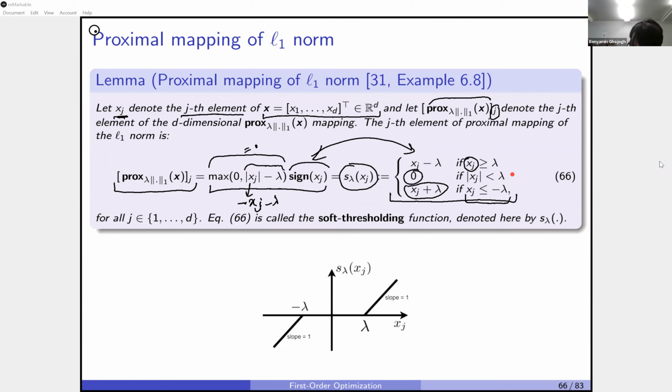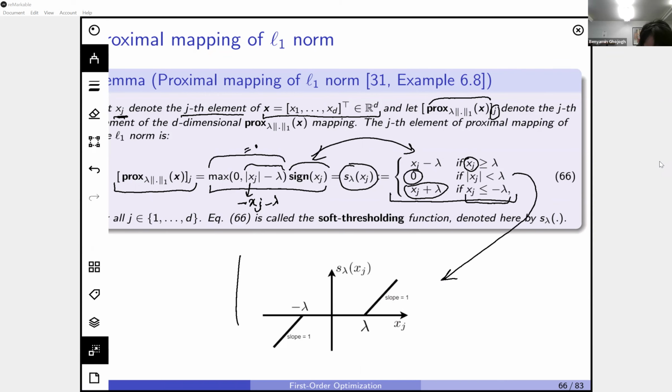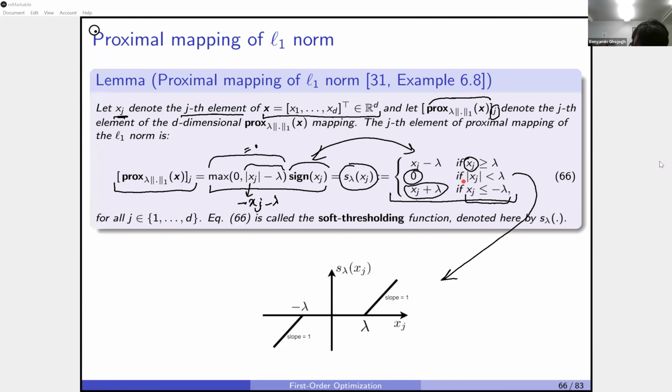I have plotted this function here. You will see that when we have this case, we are in this region, and the function becomes 0. When xj is greater than lambda, then we have this line with a slope 1.